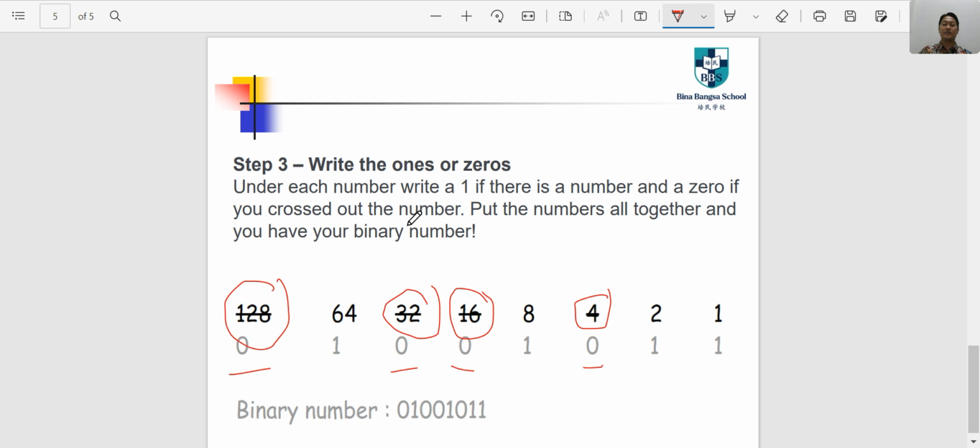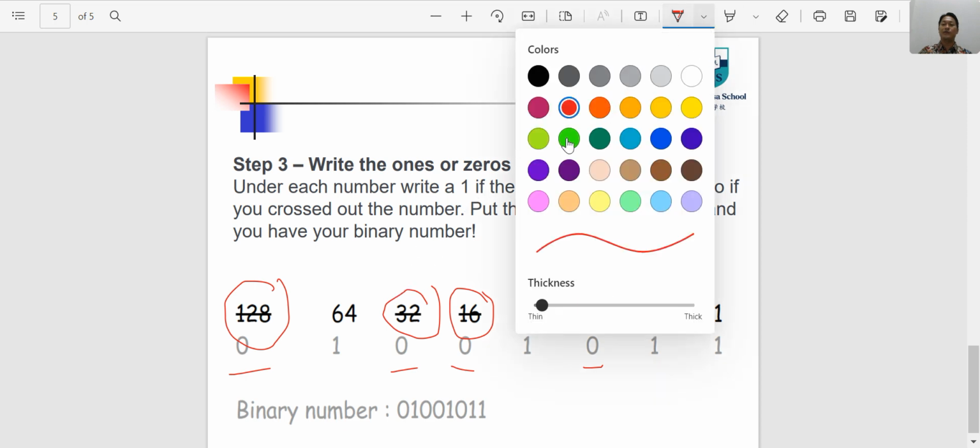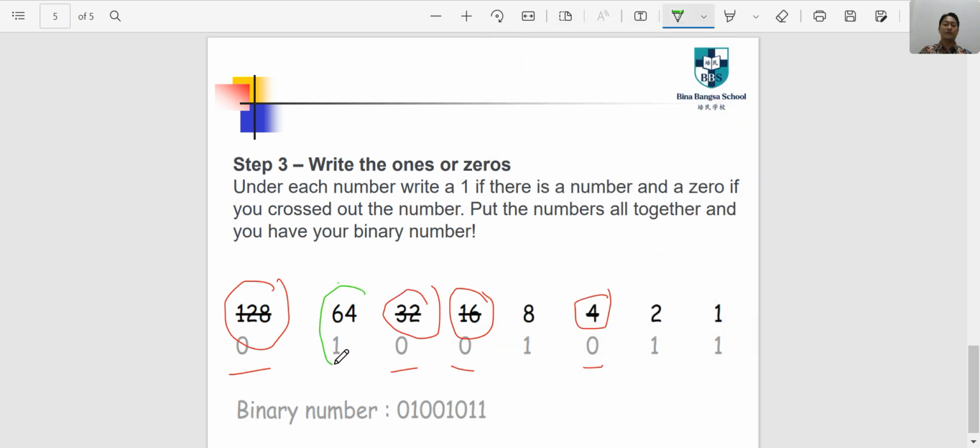And those numbers that you have used to get the number 75 are, let me use a green color there, 64, we have there 8, we have there 2, and we have 1. It's just a simple addition. So 64 plus 8 plus 2 plus 1. It depends on the problem.